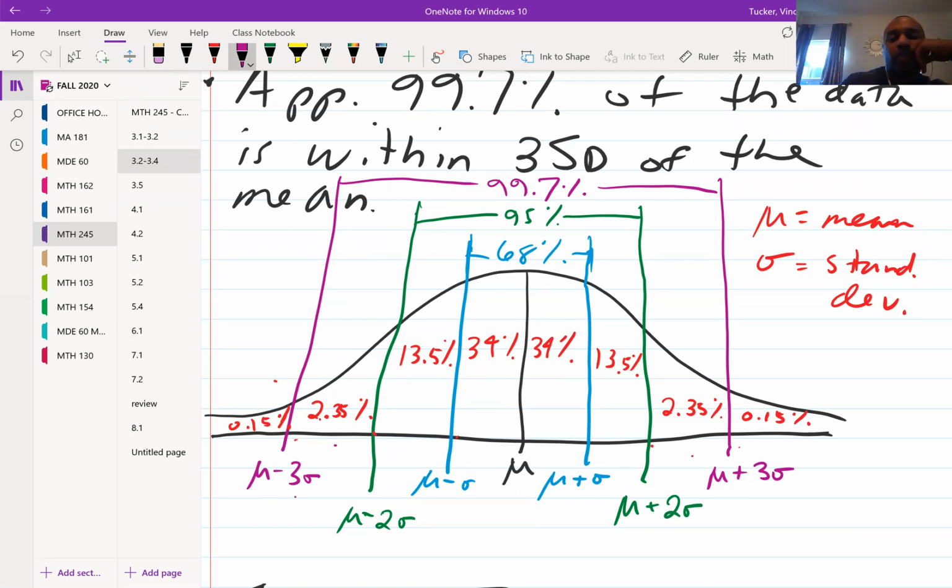And notice on the tails, you have 0.15%. Adding them up, that'll give you 0.3. And then 0.3 plus that 99.7 will give you 100%. So like I said, this is a breakdown of 100% of your data.